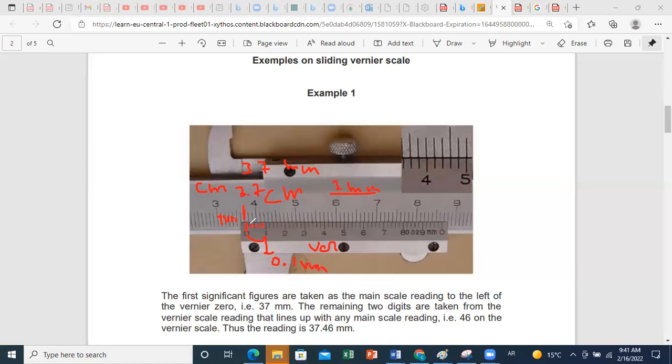This means that each part represents 0.1 over 5, so it's 0.02 millimeters. So the accuracy of my vernier scale is of the order of 0.02 millimeter. In total, my vernier scale is divided first into 10 big divisions, and each of these 10 is divided into 5. So in total, I have 50 divisions.